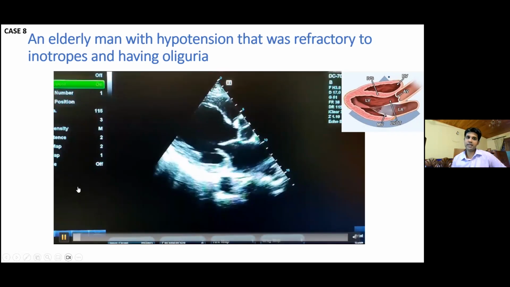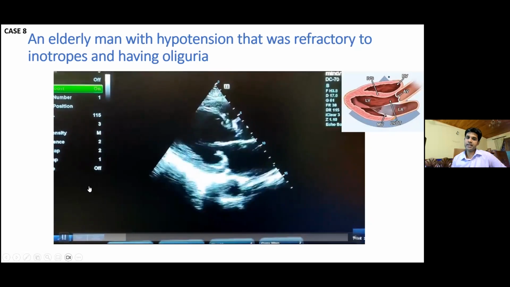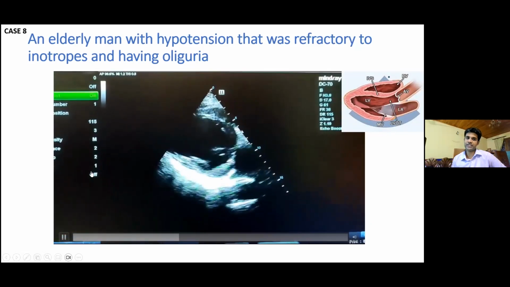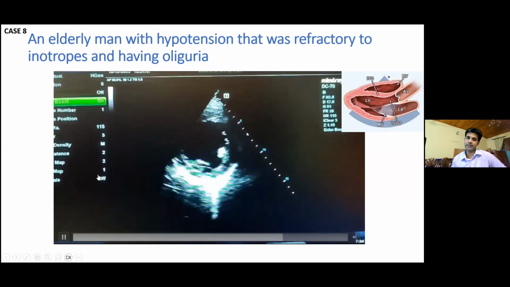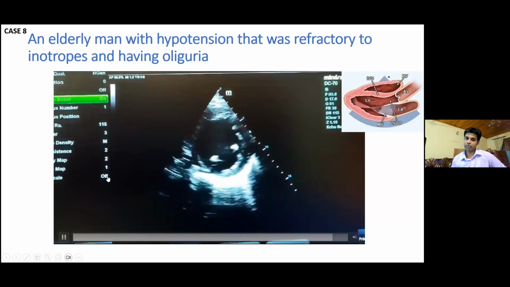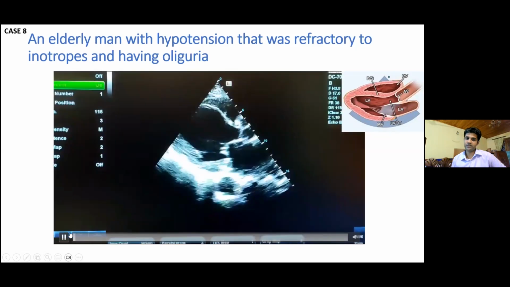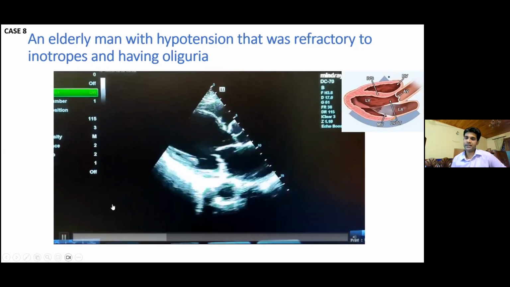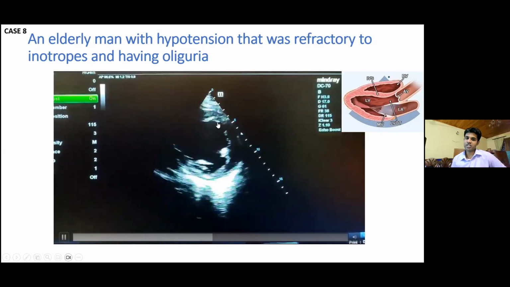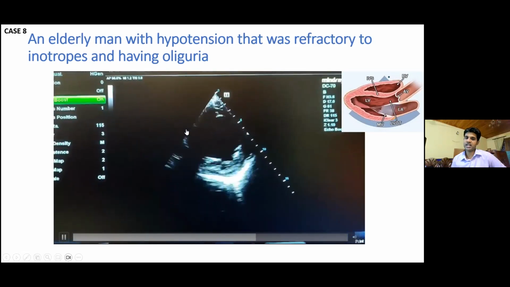And this case number 8 is an elderly man with hypotension that was refractory to inotropes, and he was having oliguria. And I am sure all of you can appreciate what's abnormal here. If you compare with a normal beating heart, this patient's heart is almost in a standstill like.